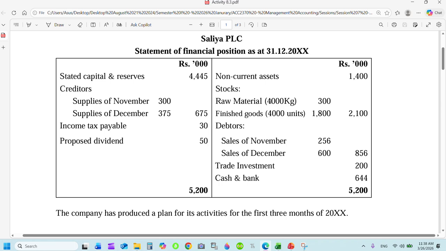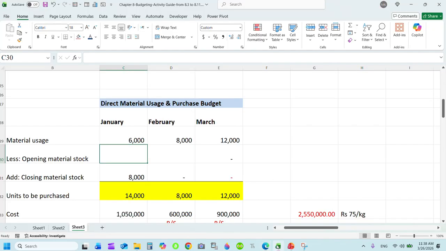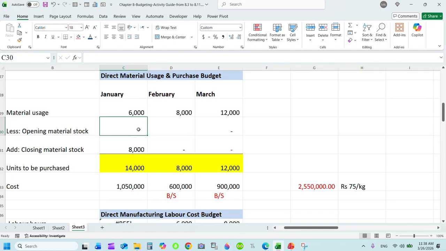You have raw material stock of 4,000 kilograms. Since you have opening raw material, you don't need to purchase all 14,000. You can deduct the opening stock. So you just need to purchase 10,000 kilograms of raw material.